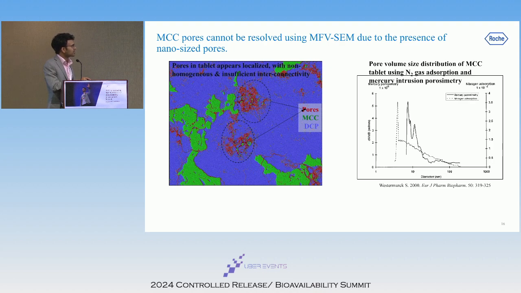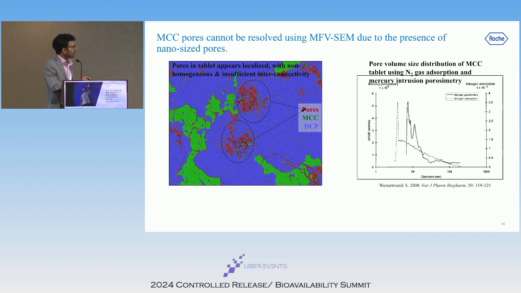So we did a literature survey to understand how MCC enhances water uptake. And what we have come across is MCC is highly porous. However, these pores are only resolved at a nanoscale. And so we need some other techniques other than imaging.